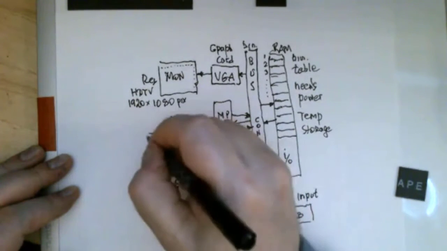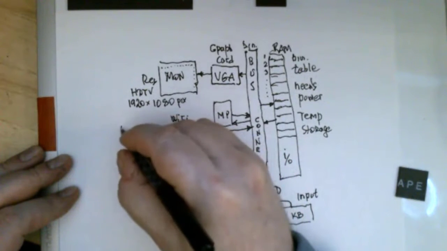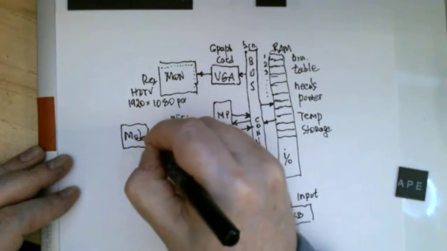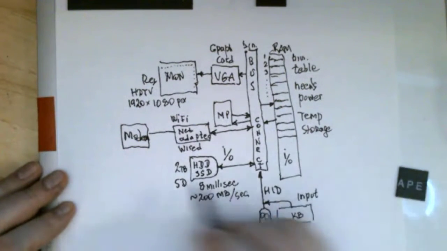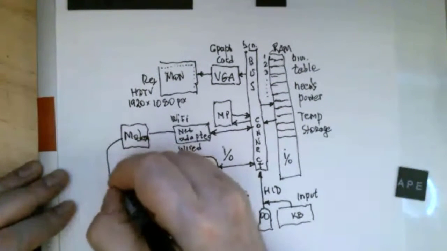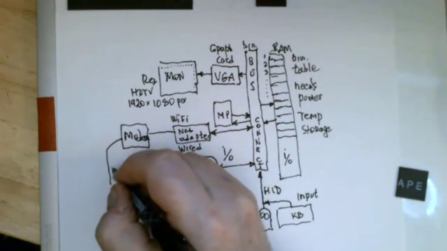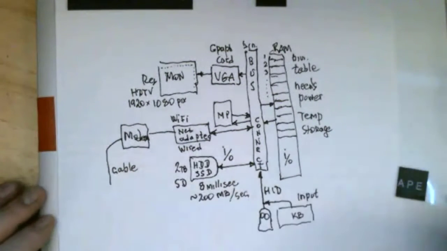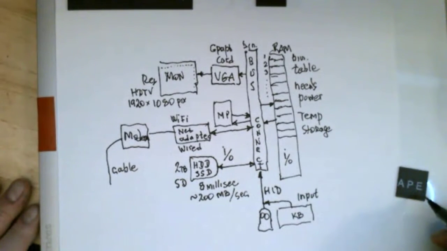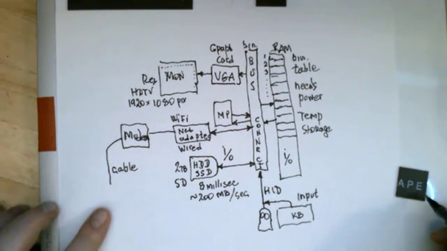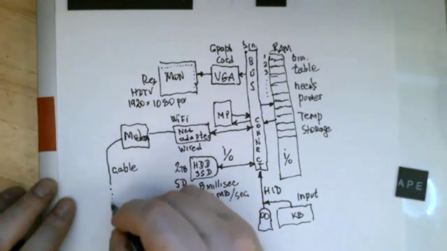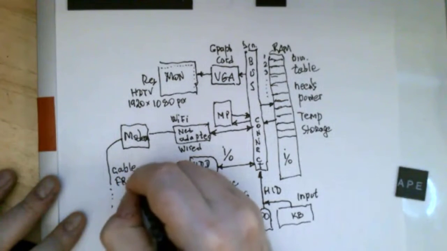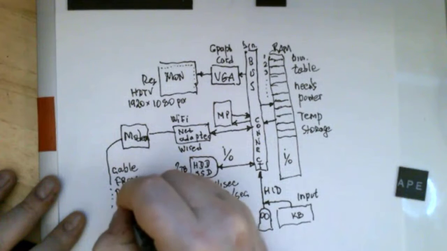And then it could be a modem. A modem is a modulator that is used to connect to the cable. Cable, folks, is what the internet provider gave you to connect to the outer world. That is the internet provider.